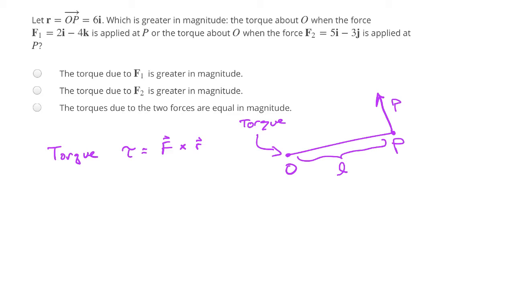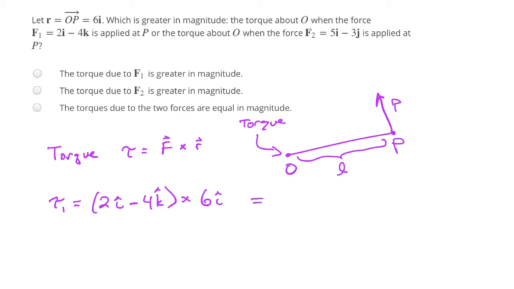In this case, we just look for which torque is going to be greater, so we compute two cross products. The torque about the point O for the first force is going to be 2i minus 4k, crossed with our r, which in this case is 6i.